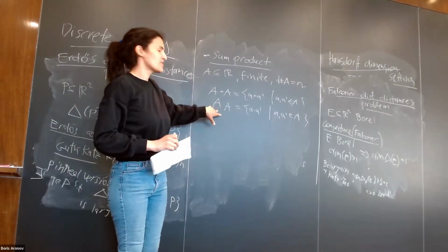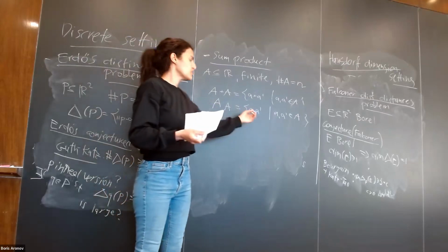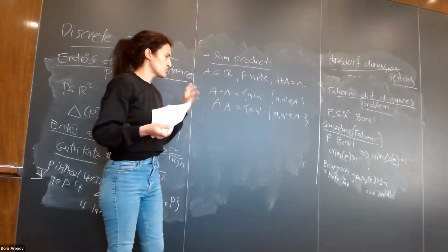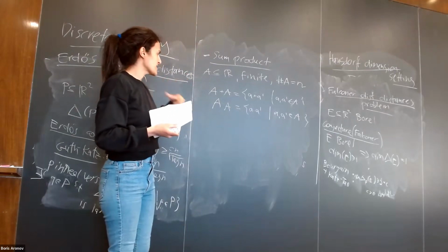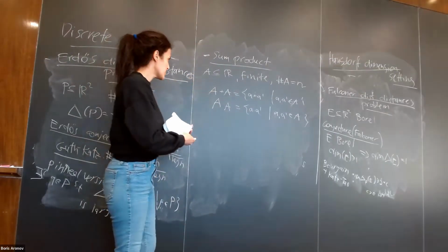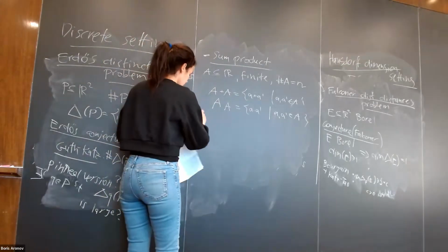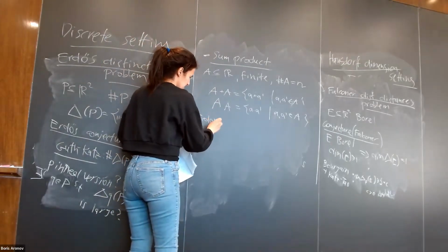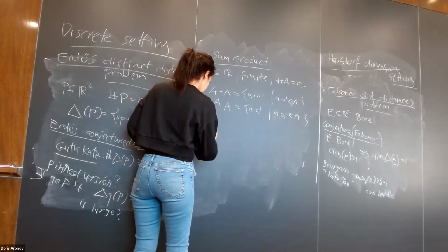We can also choose A to be a geometric progression so that the product set will be small. But is it possible to choose A in a special way such that the sum set and the product set both will be small? Erdős and Szemerédi conjectured that it's impossible.